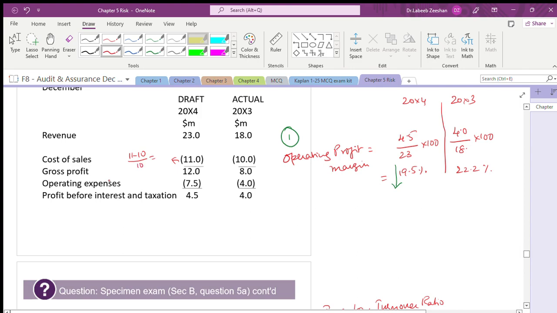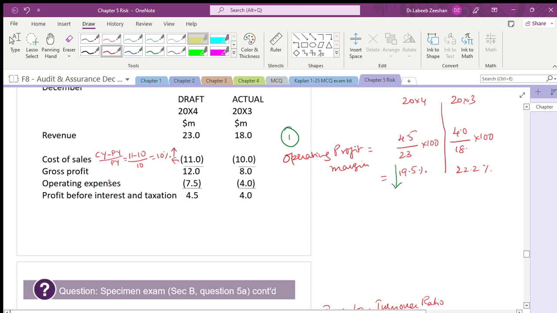It comes to 10%. Current year minus previous year divided by previous year. Okay? Current year minus previous year divided by previous year.